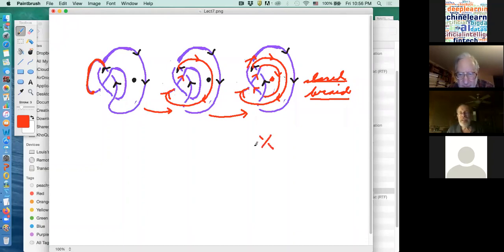If we wanted to make a better looking closed braid out of it, let's see. I'll take that, then this, and then this, and then finally down here, this goes over, and that goes under, and I'll mark the points.